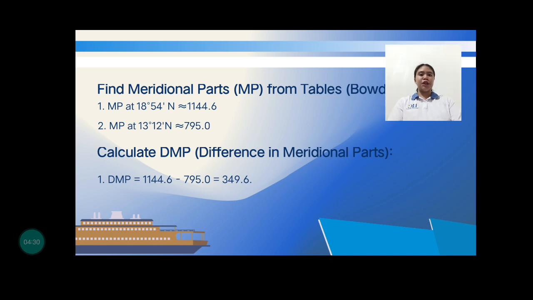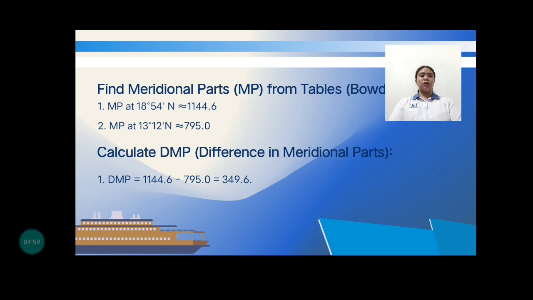So next, we need to find the meridional parts, which is MP, from the tables. Number 1, MP at 18 degrees 54 minutes north, we have 1144.6, and number 2, MP at 13 degrees 12 minutes north, we have 795.0.